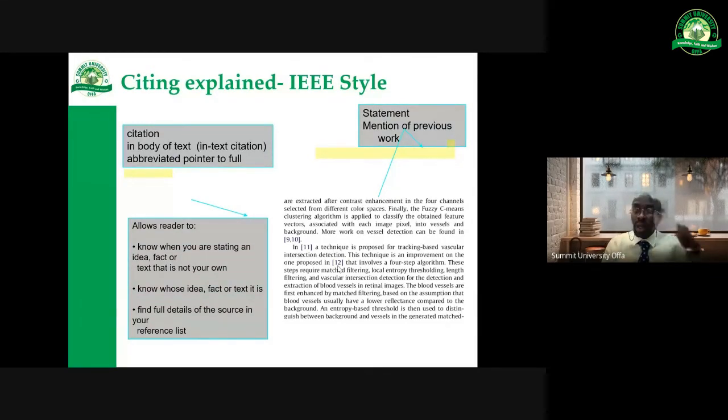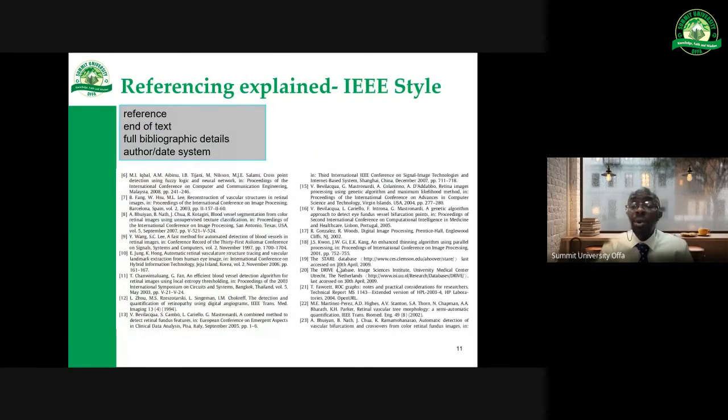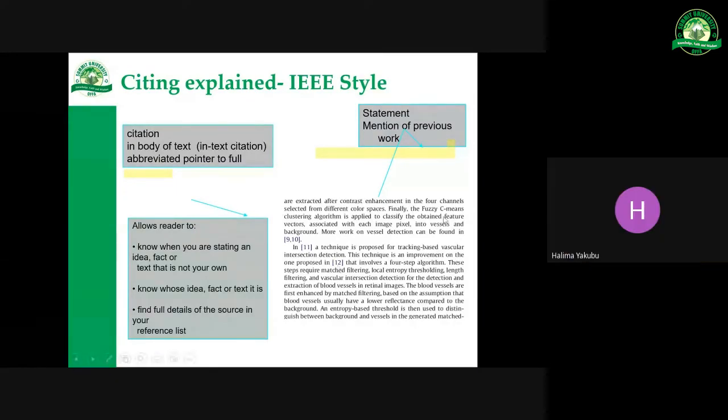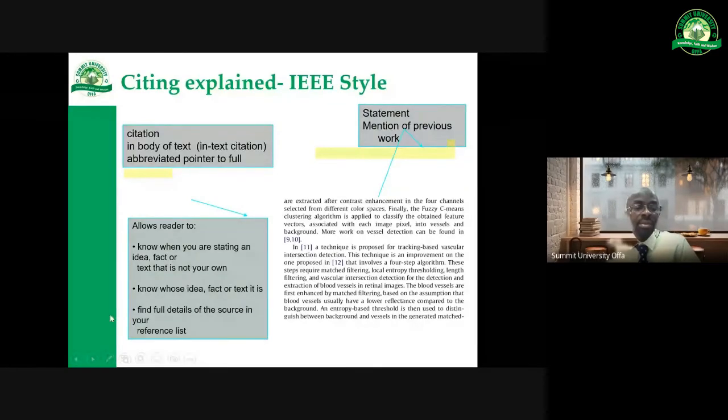So that is an example of good in-text citation. To me and to all of us, I will admonish us to avoid the overuse of quotations. Thank you. Okay, thank you, sir. Thank you very much. Yeah, you're highly welcome.